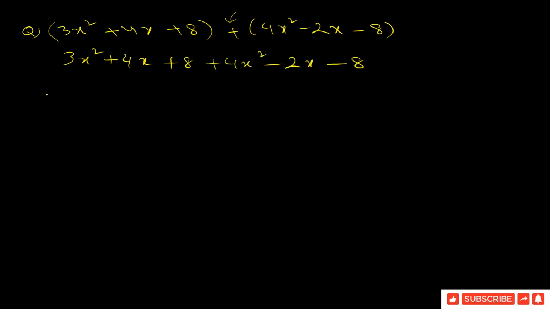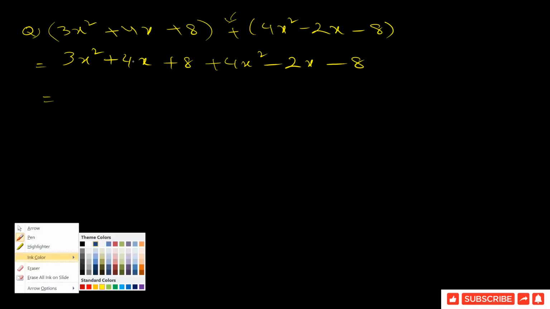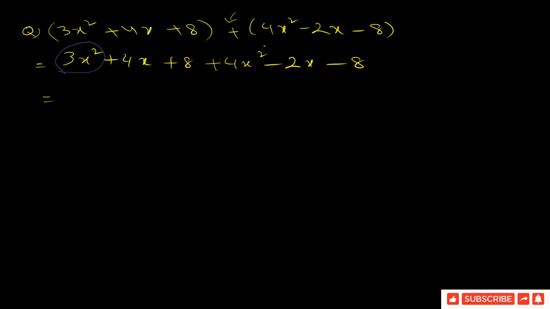We have not changed any of the signs of any term of the second bracket. Now we find the like terms. 3x squared and 4x squared are like terms. So we write 4 plus 3, this is 7x squared.